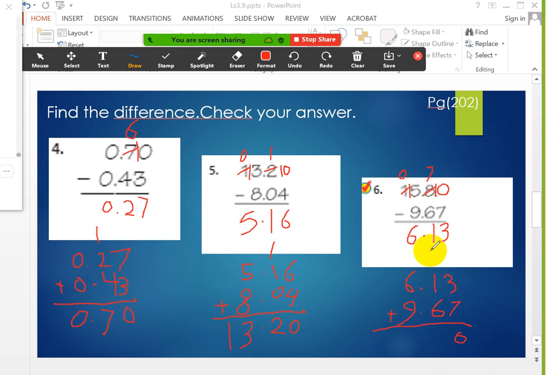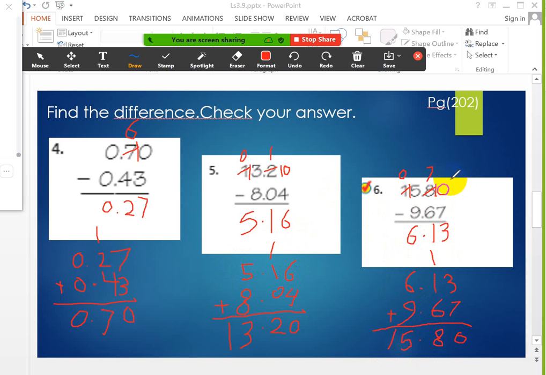I will put 0 here and 1 above the tens. Now 1 plus 1 equals 2. 2 plus 6 equals 8. Now the decimal point, I will put it here. 6 plus 9 equals 15. So the final answer equals the same number, the bigger number. That means my answer is correct.